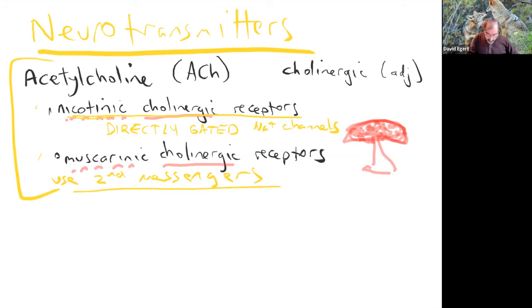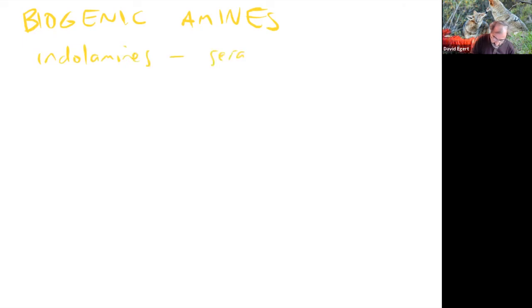Let's look at some more kinds of neurotransmitters. So biogenic amines, that means things that are a few steps from amino acids. So if you want to make serotonin, you start from tryptophan. There's the indolamines, like serotonin.